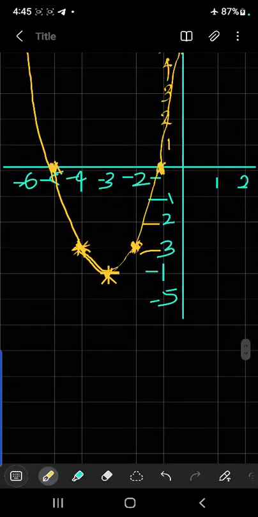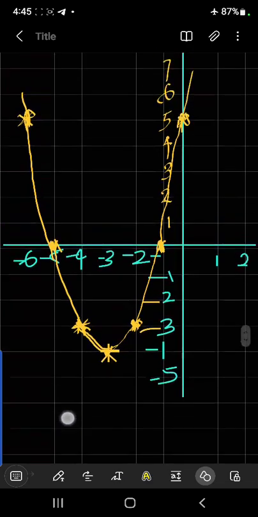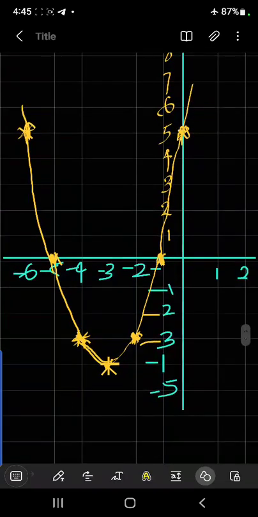Beautiful, isn't it? So beautiful. It's so beautiful. Very, very beautiful. And that is how the curve is going to look like. So I'm able to draw the curve just like that, without any stress.